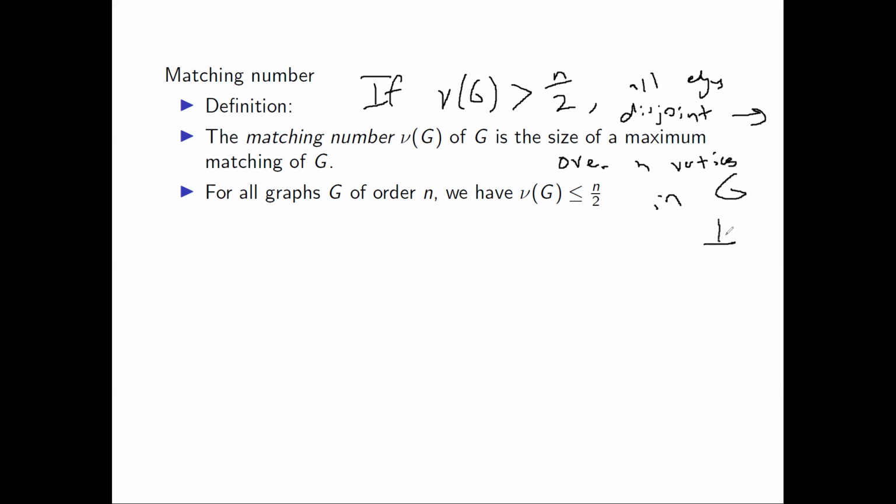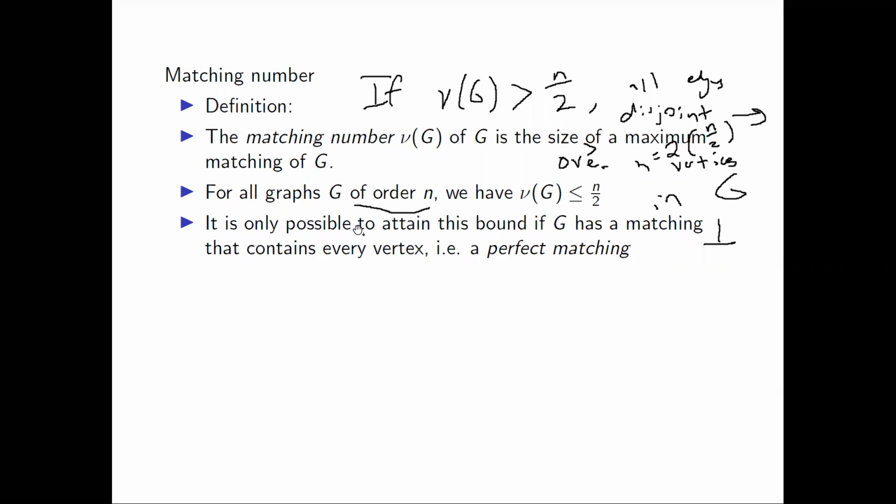And that would be a contradiction because G has order n. So since there's no vertices in common in any of these edges, we must have the matching number of any graph of order n be at most n over 2. And this n here, why is it over n? I'm just going to say that's 2 times n over 2. Because if we have more than n over 2 edges, then we have more than 2 times n over 2 vertices in this graph, since all the edges can't have any common vertices.